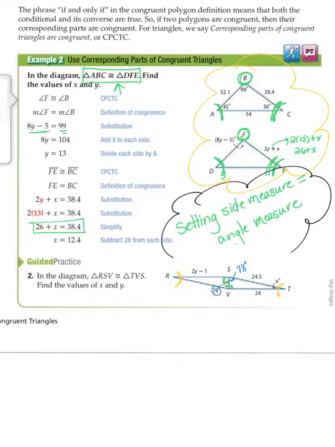Okay, we have to find the value of X and Y. I think we can find X right now. When I look in this triangle, remember our rule that if we have a right triangle, and we do, the two acute angles have to be complementary. That means they add up to 90, which makes sense because the two of those angles plus the other 90 degrees gives us the 180 degrees for the entire triangle.